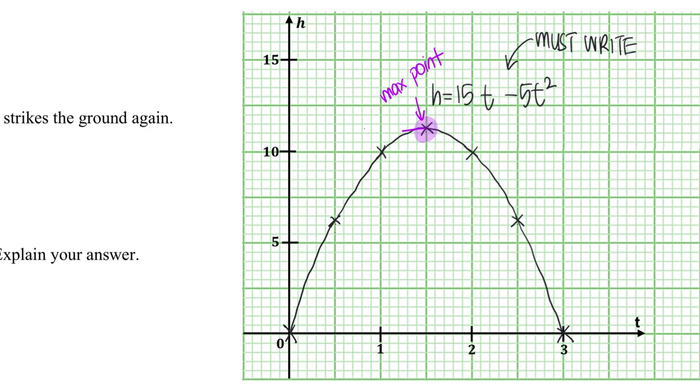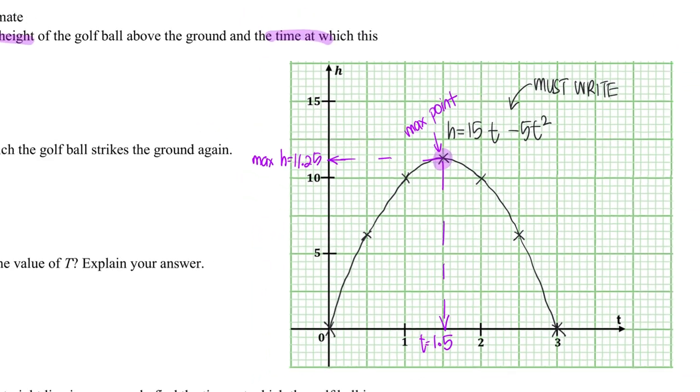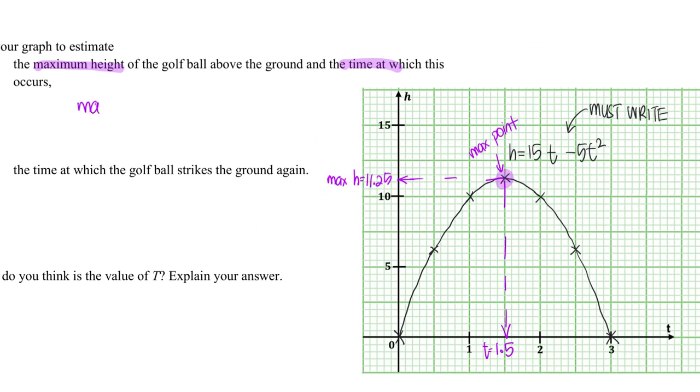We already know that this is 11.25, and the time where it happens is 1.5 seconds. So maximum height equals 11.25 meters, and this happens when t equals 1.5 seconds.